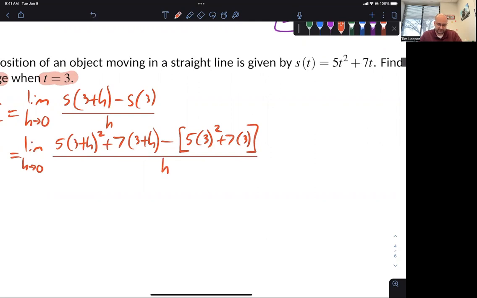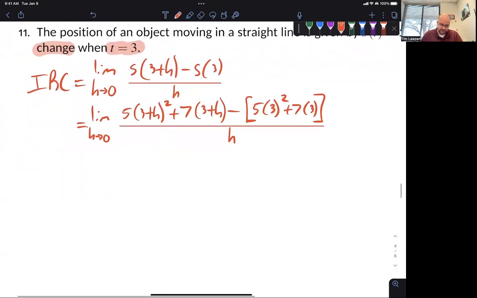And then simplify this. Now, notice that we need to square first here. So we have the limit as h approaches 0 of 5 parentheses 3 plus h squared. That's a binomial squared. To do this, square both of these. 3 squared is 9. Leave some space. H squared is h squared.